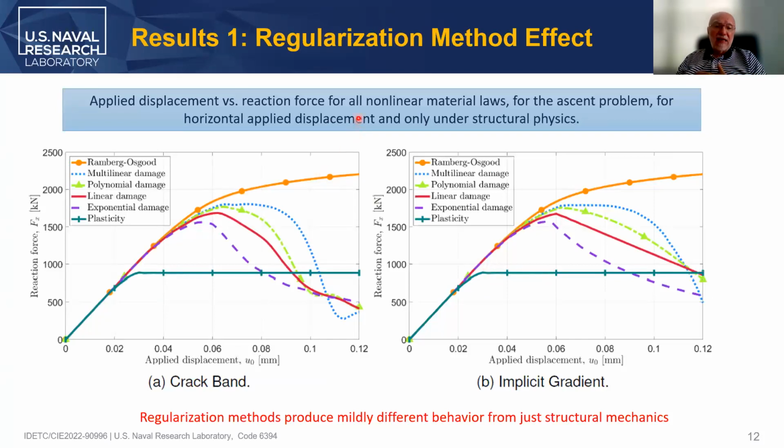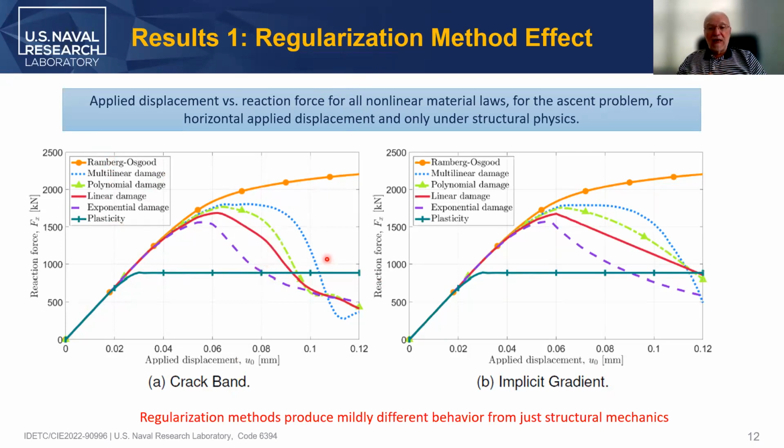So first, let's see the regularization method effect. The crack band versus the implicit gradient regularization technique for all the structural mechanics physics only, where we have the elastoplasticity, the pure elastoplasticity on the blue line, and the Ramberg-Osgood on the orange line. And then all the in-between ones are the various types of damage.